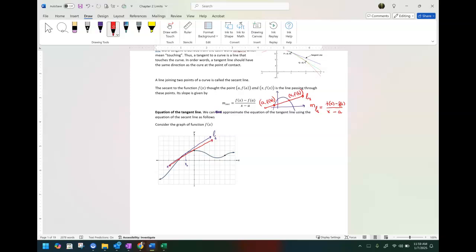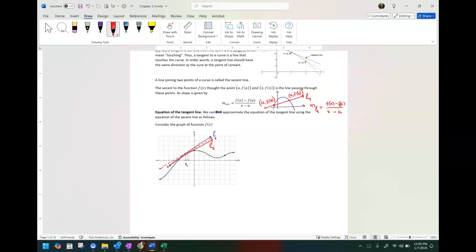And let's say I choose another secant line that is passing through the point x naught, f of x naught, and closer to x naught, and you can see that the secant line is slowly going closer and closer to the tangent line.